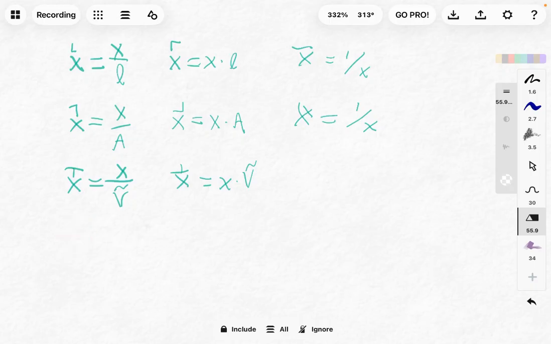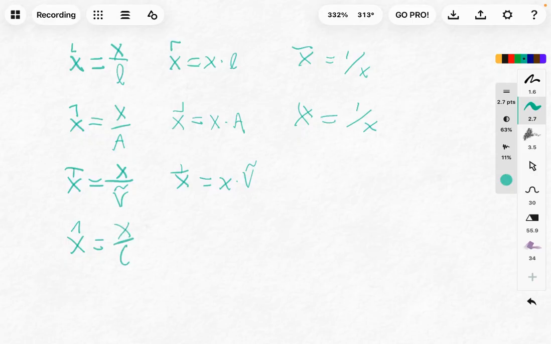So with that being said, I would like to first start off with x over theta, so x over an angle, x times an angle, then x over a solid angle, and then x times a solid angle. So that would be x times a theta.